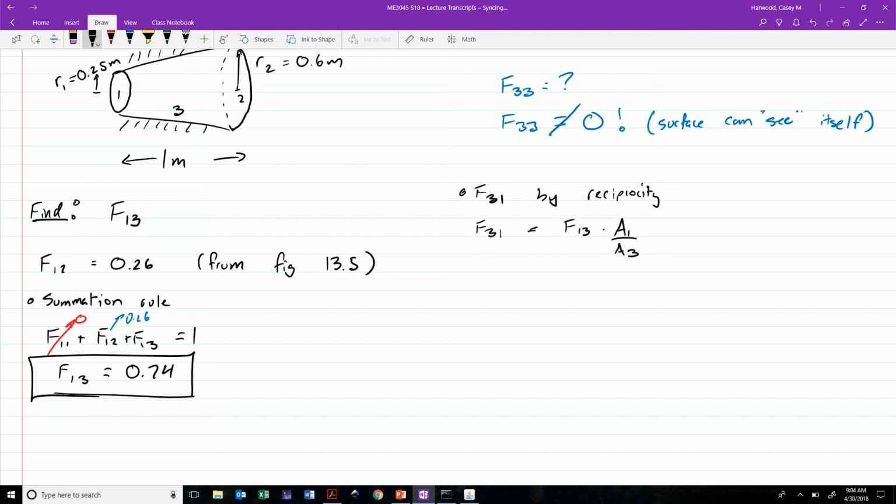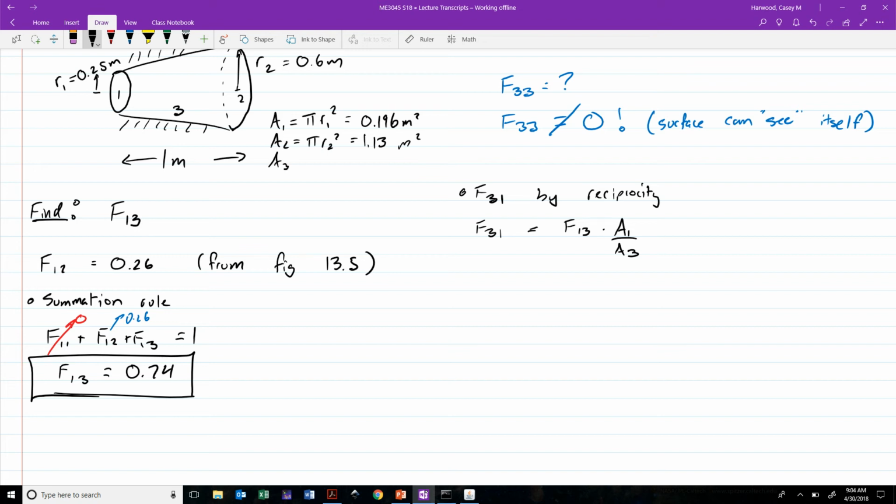We don't know A1 and A3, but we've got the dimensions of the thing, and a quick search on Google will reveal the equations that you use to find the surface area of the lateral surface of this cone. So I'll go ahead and write these down real quickly. A1 would be, of course, pi r1 squared, which is 0.196 meters squared. A2 would be pi r2 squared, which works out to 1.13 meters squared.